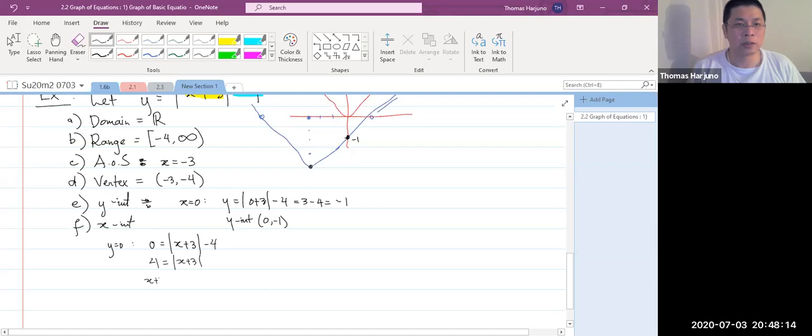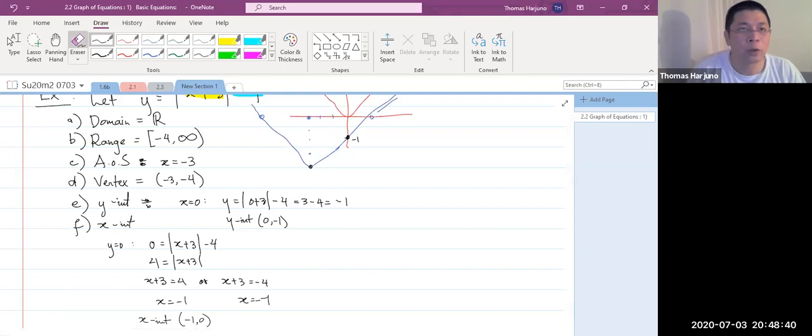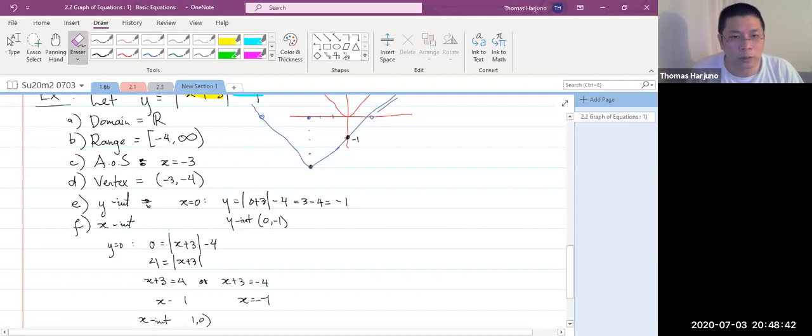So x plus 3 equals 4, or x plus 3 equals -4. x is +1 or x is -7. So the x-intercepts are... no, not -1, that's +1, my bad. I miscomputed that. +1, 0 and -7, 0.